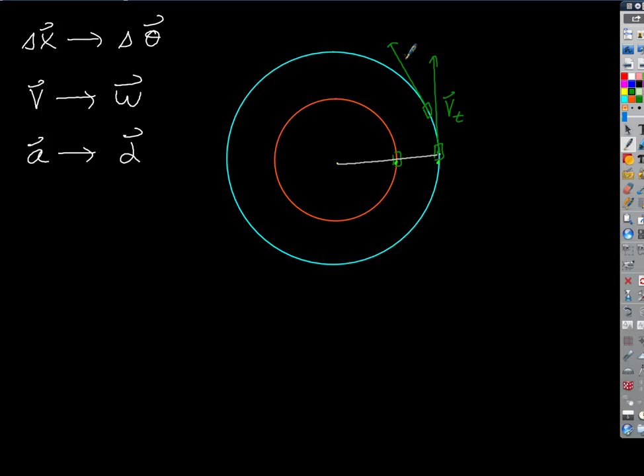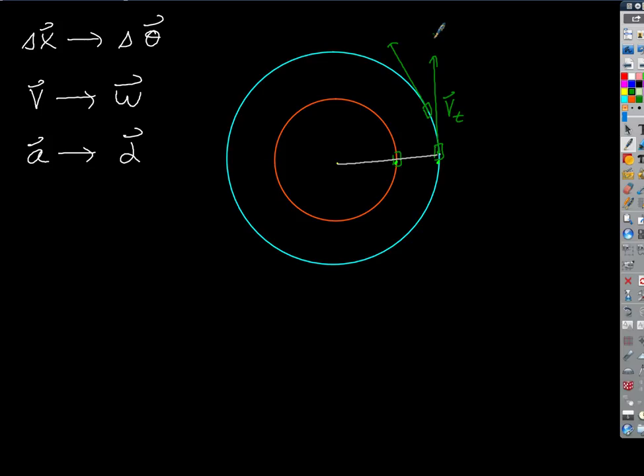So even if we ignore the fact that we're speeding up the rate at which it's rotating, if there is some angular acceleration, then yes, part of the acceleration is going to be along the tangential direction.